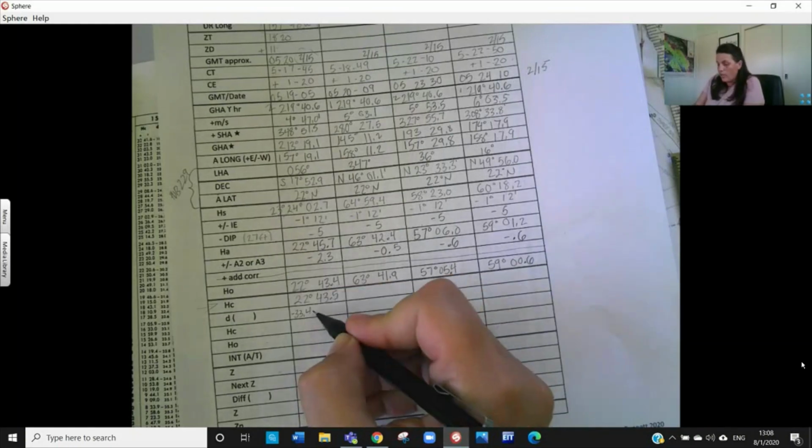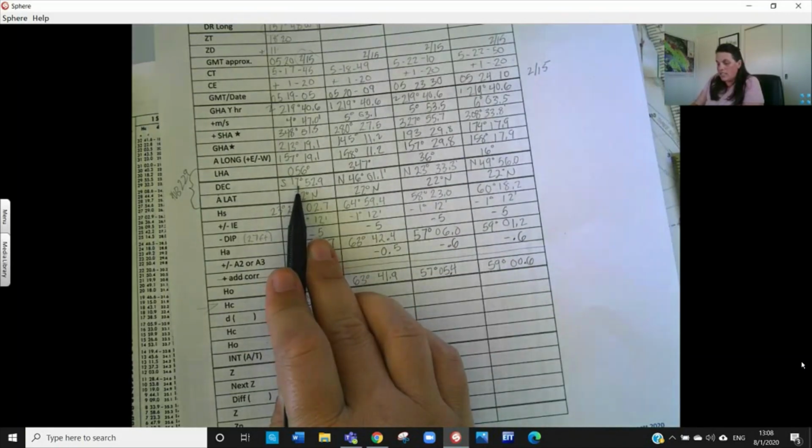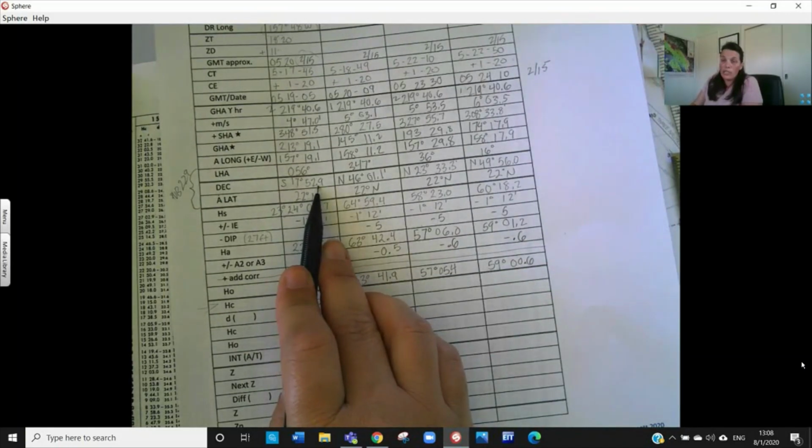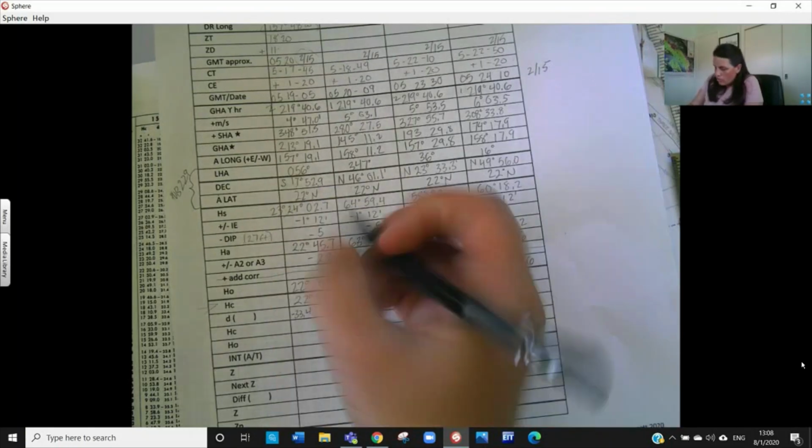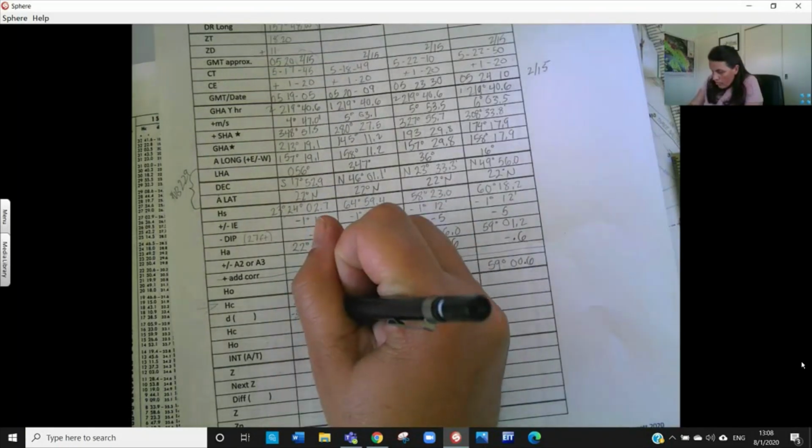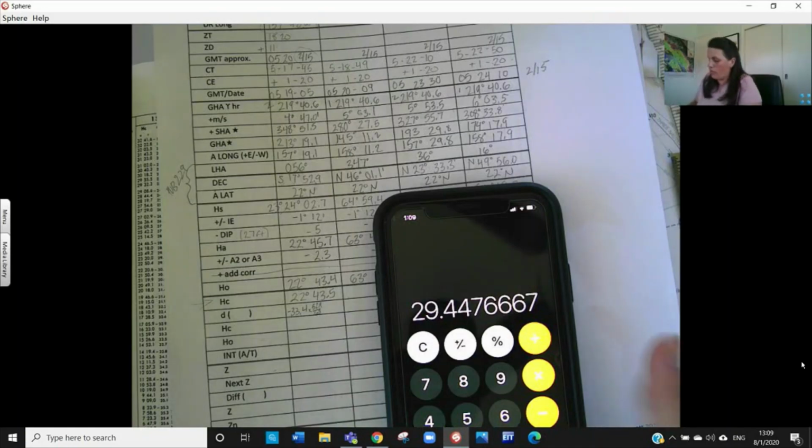Interpolating with my declination, because I'm going from 17 to 18 and my declination was 17°52.9', so almost 18 but not quite, we are going to multiply this by 52.9 divided by 60, and that's how I get my correction. That gives me a correction of 29.4.